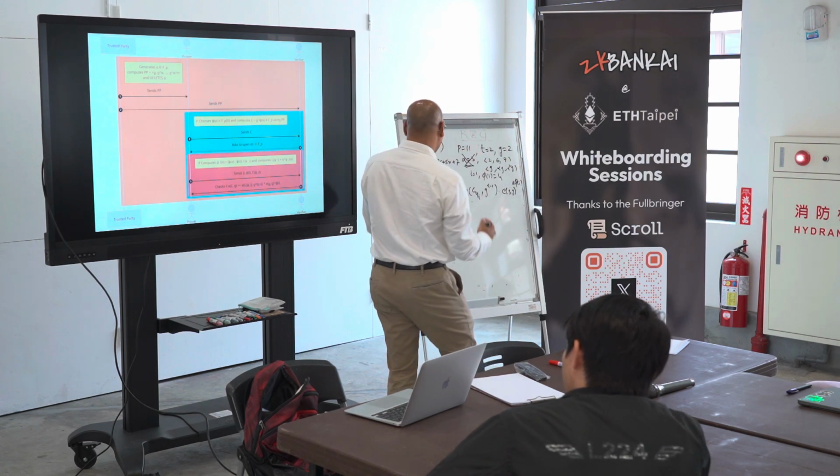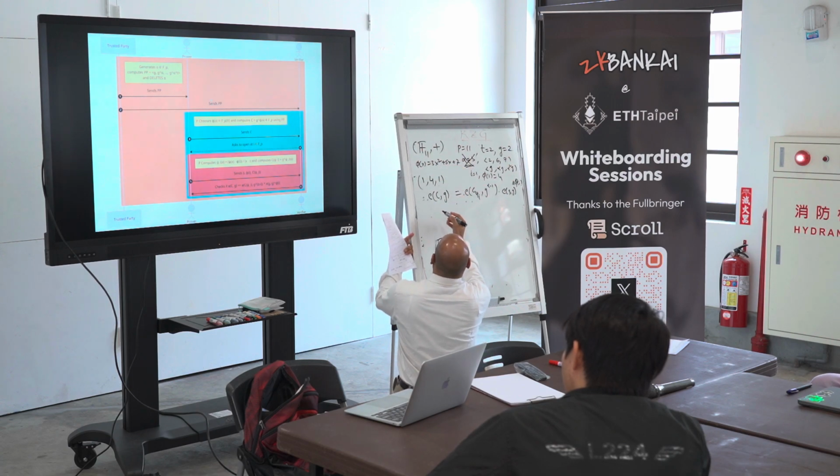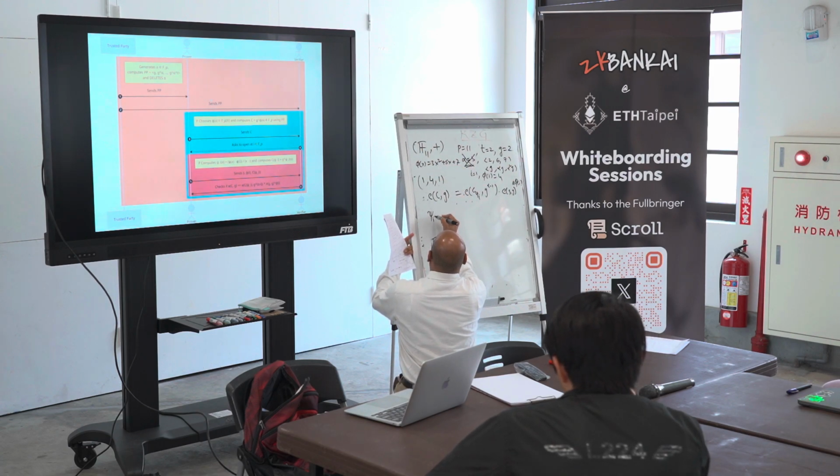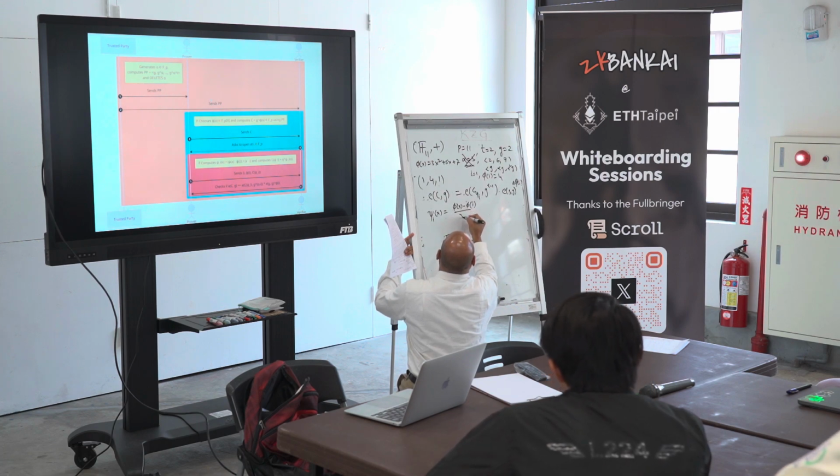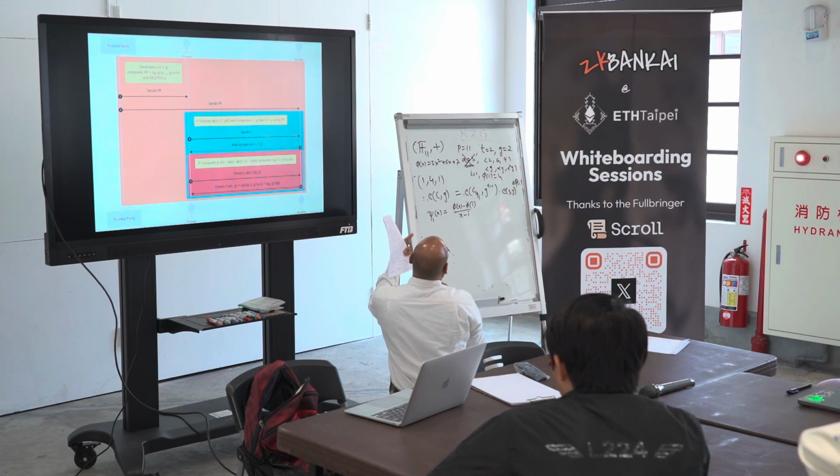This is actually very easy to see, because if you remember, our psi x is basically the quotient polynomial, phi of x minus phi of I over x minus I, correct?